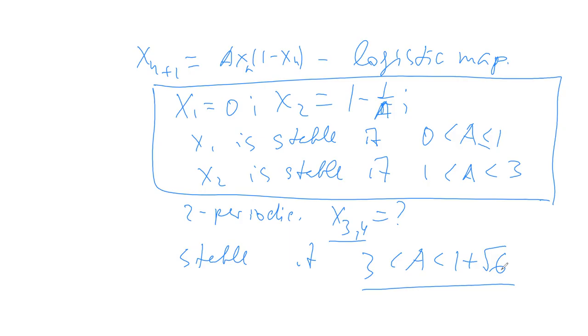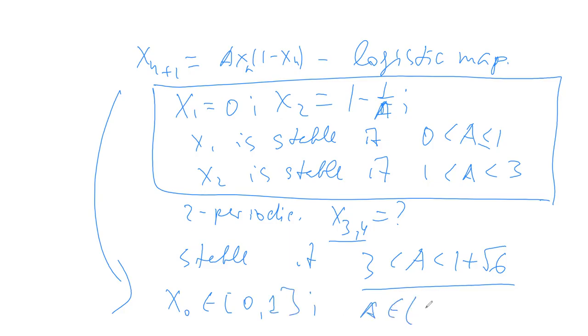But in this problem, we still have the logistic map. In the logistic map, what we were considering was that X is a real number. Let's say X naught is a real number between 0 and 1, and A was also a real number from 0 to 4. But in the new problem, xn plus 1 equals A xn (1 minus xn).